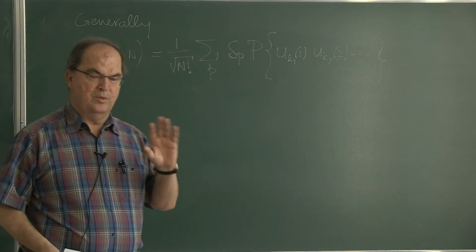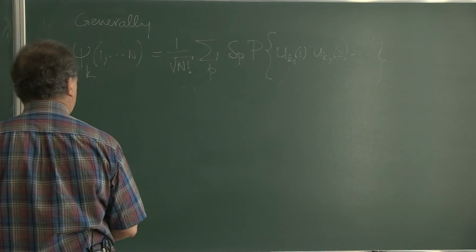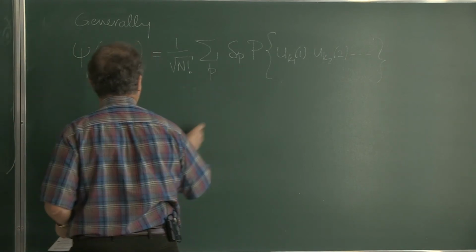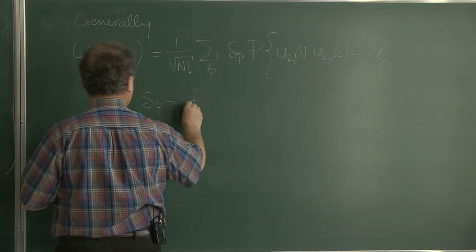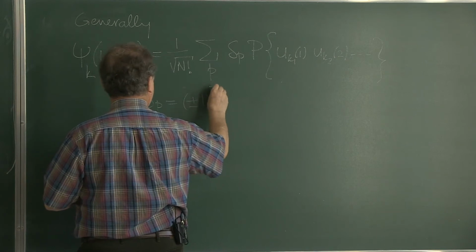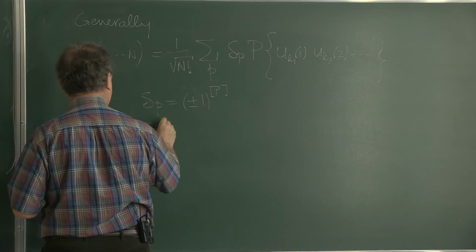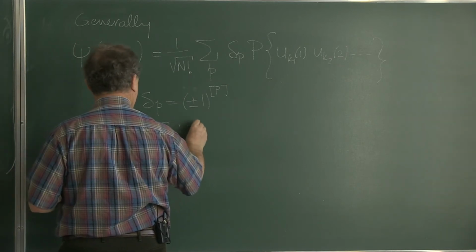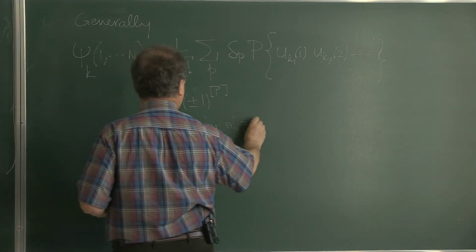You just permute all possible permutations. This delta p is plus or minus 1 to the power of the order of permutation.